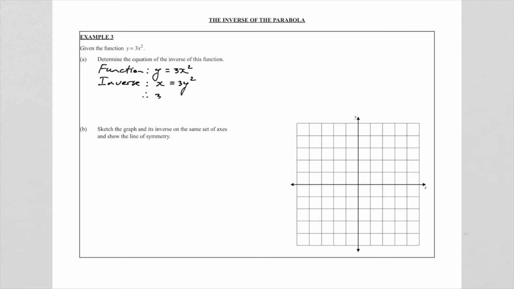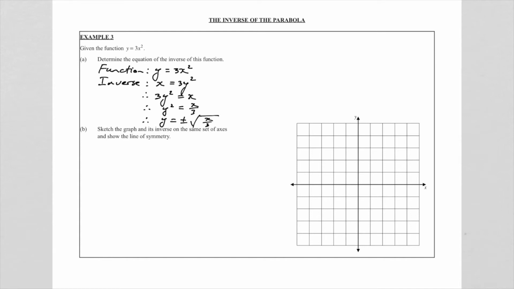So we get 3y squared equals x, which means y squared equals x over 3. Therefore, y will be equal to plus or minus, because we take the square root on both sides, the square root of x over 3. This inverse is not a function, but we will discuss that in lessons to come.